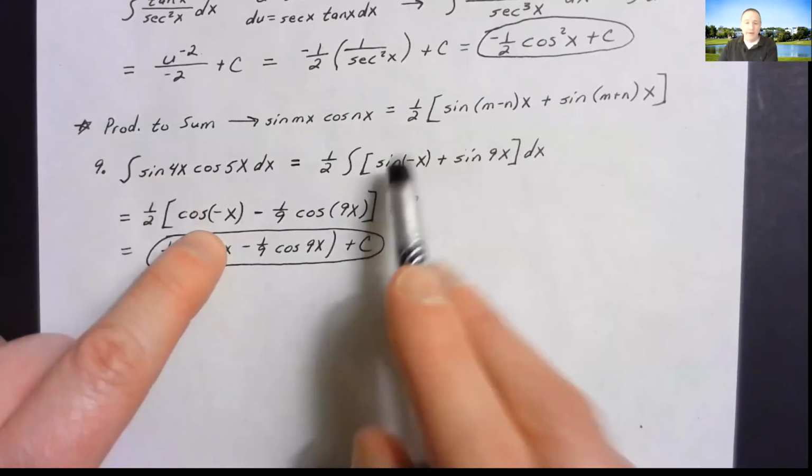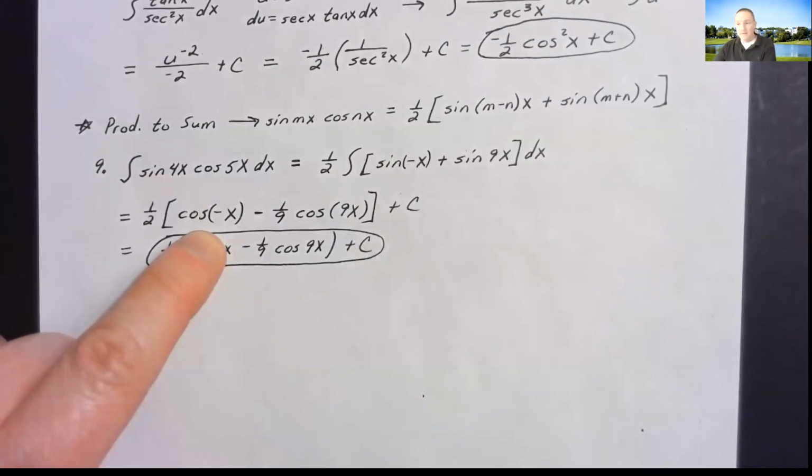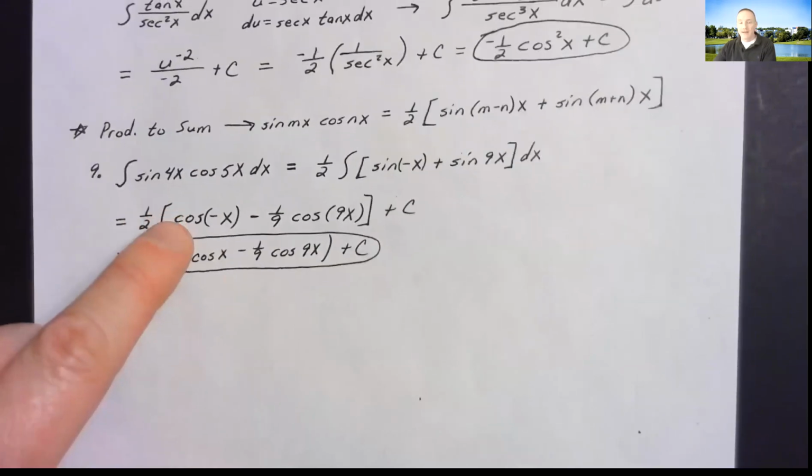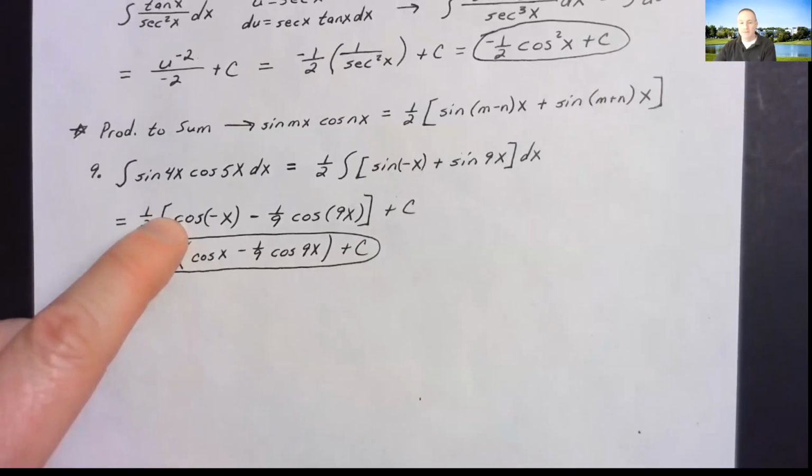You say, well, how do I integrate the sine of negative x? I can say, well, I know that the integral of positive sine is a negative cosine, but then it would be the negative cosine of negative x divided by the derivative of that angle. Well, dividing by -1 makes that negative cosine a positive cosine again. So that's why I got that positive sign there.